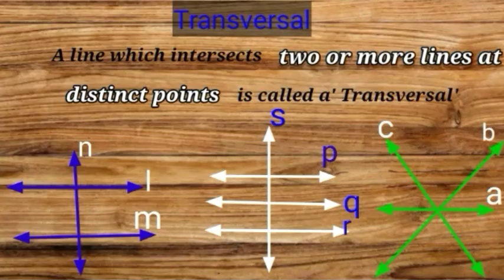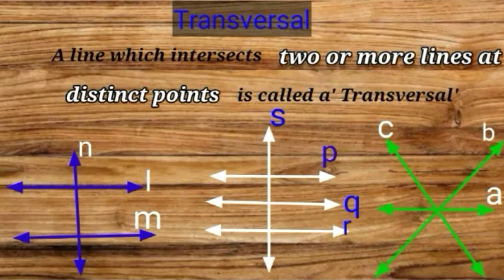Here we have two lines A and B intersected by the line C. The point of intersection of C is the same as that of A and B. Hence, these three lines are intersecting lines, but none of them is a transversal to the others.